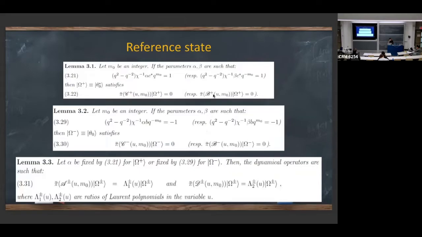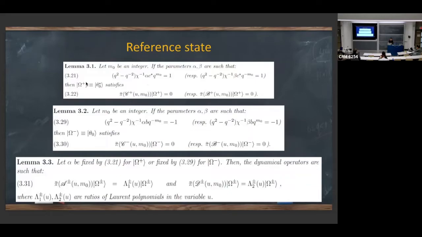And another ingredient is the reference state. As I mentioned, for the original C and B and AD operators, we cannot find a nice reference state. But here, by playing with these constants, we can find such reference states.